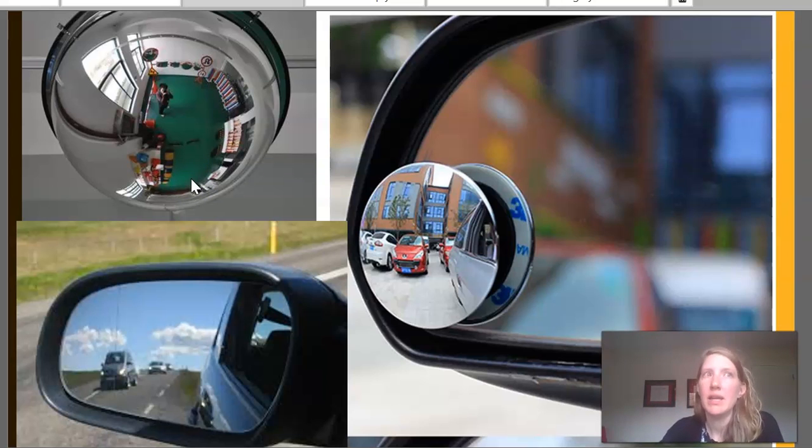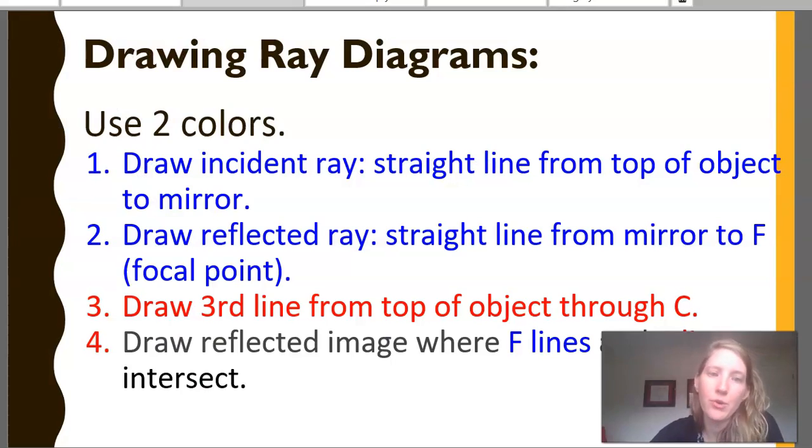You might see them in a hospital, where people are rushing around a corner with a gurney, and there would be a mirror up in the corner so that they can see if someone's coming the other way so you don't crash. Sometimes you have them when you're driving, to see around a curve in a car, okay? So they help you see more of what's going on around you than a plane or a concave mirror would show you.